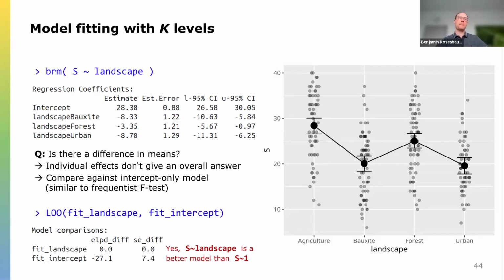There's a difference of 27 in this leave-one-out model comparison, associated with the standard error of this measure. I'm still pretty confident because the difference is larger than 2 standard deviations.